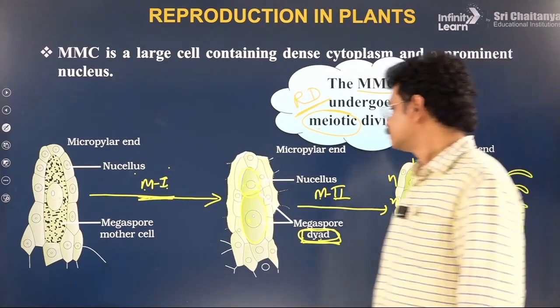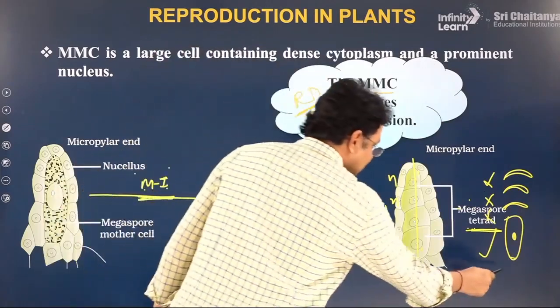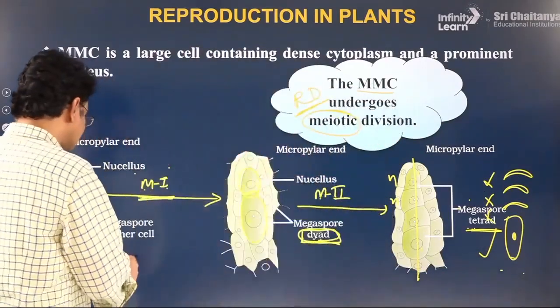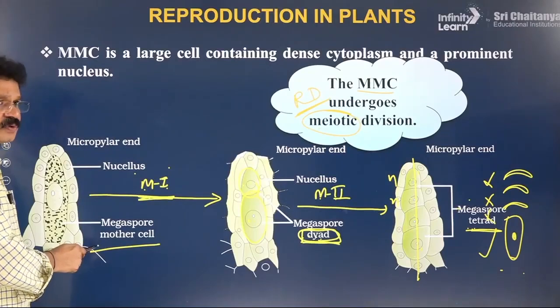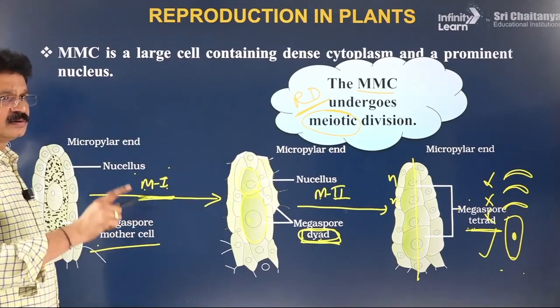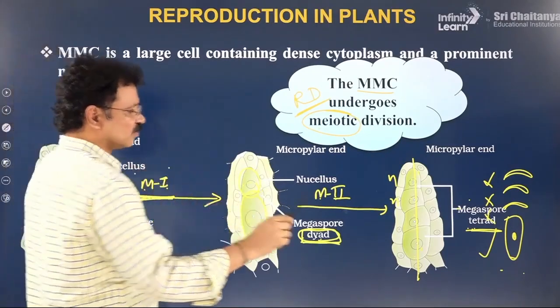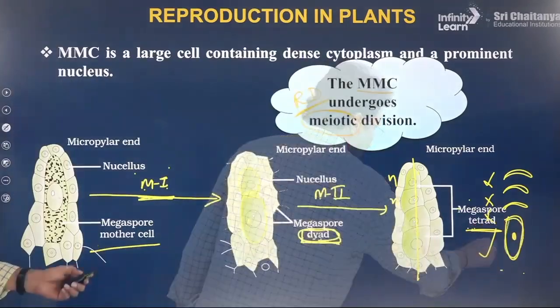Finally, how many functional megaspores are obtained from each megaspore mother cell? Only one. Each megaspore mother cell can yield a single functional megaspore.